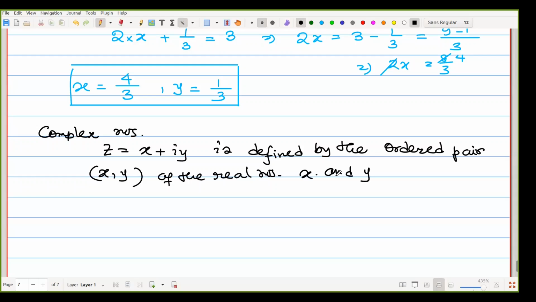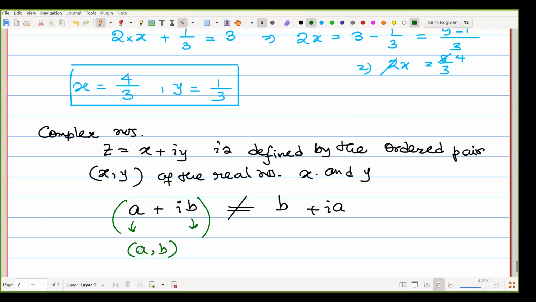That means every complex number can be written in the standard form, that is a plus ib, where a and b, or x and y, are real numbers. So a plus ib is never equal to b plus ia. Ordered pair means we are taking the real part and we are taking the imaginary part. So that complex number can be written as the ordered pair of the real numbers (a, b).